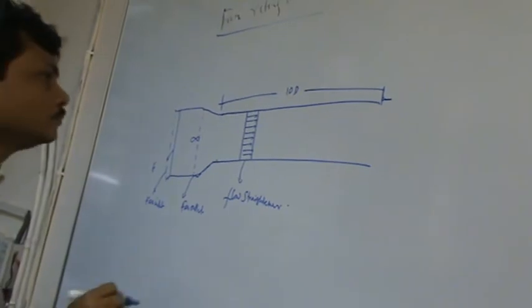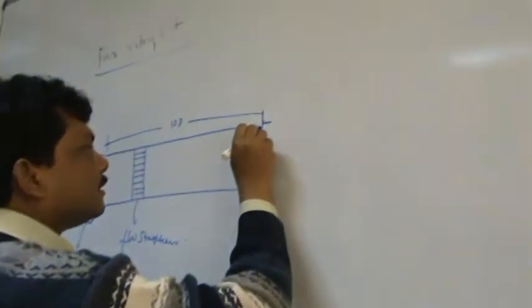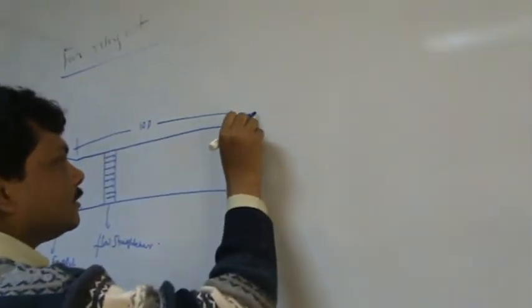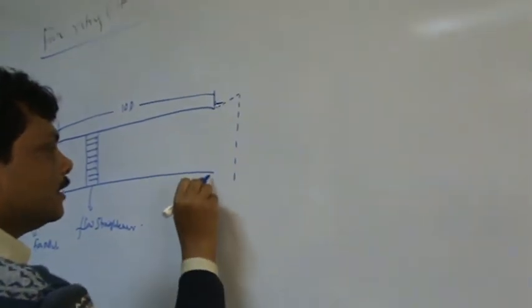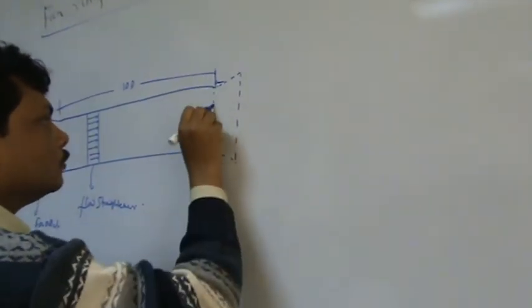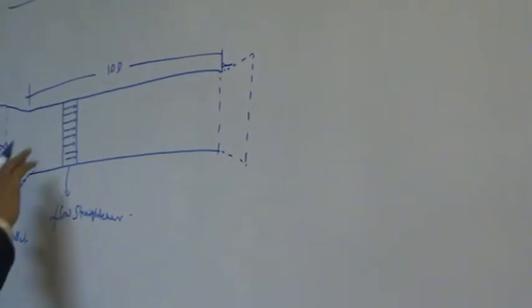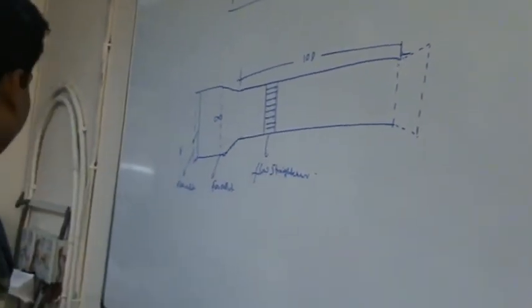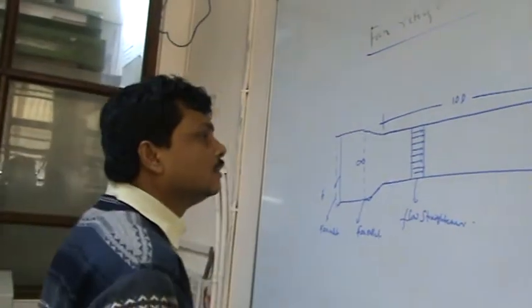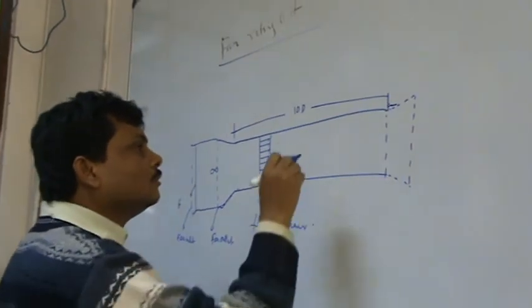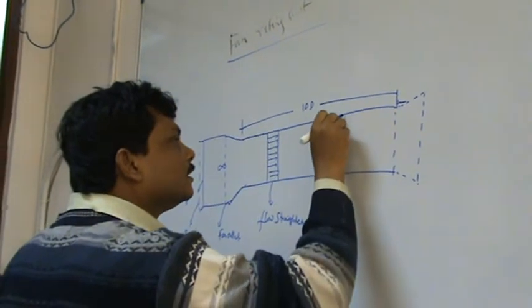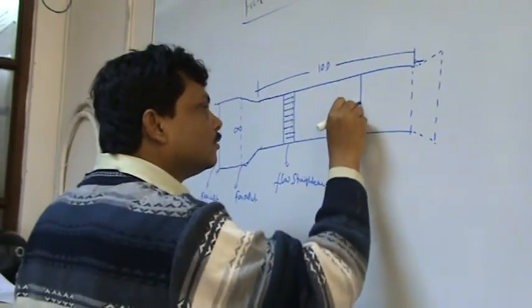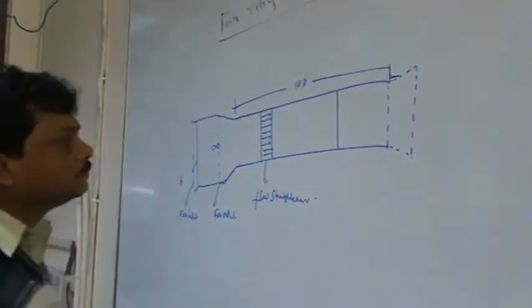And at the end of this, we might have a certain throttling device put to create different flow conditions in the duct, and somewhere in the duct, we select a traversing section for measurement.